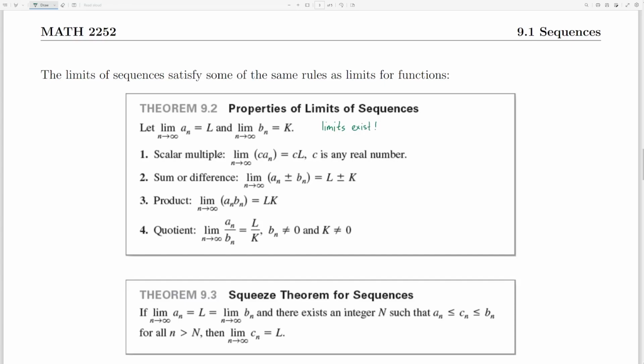The first property is the scalar multiple property, and that tells you that when you have a scalar multiple inside a limit, you can bring it outside the limit.